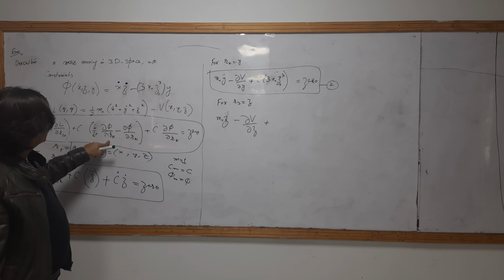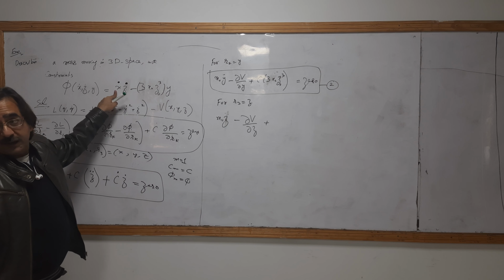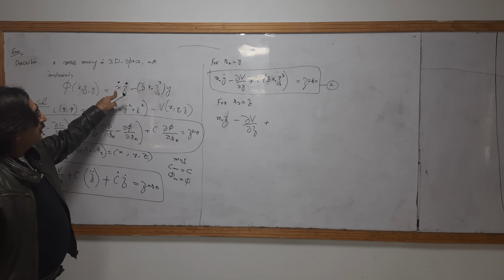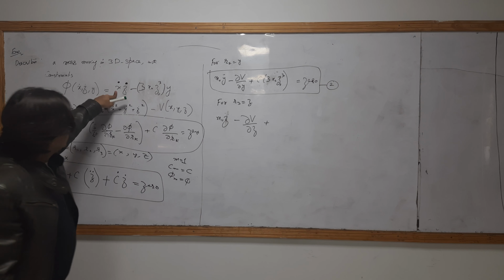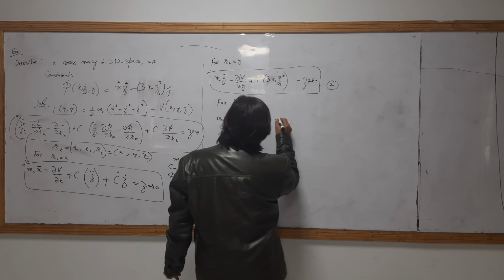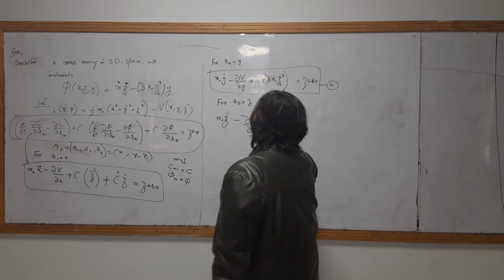When you take the derivative with respect to z dot, that will become x dot, and when you take the time derivative, that will become x double dot, with C.